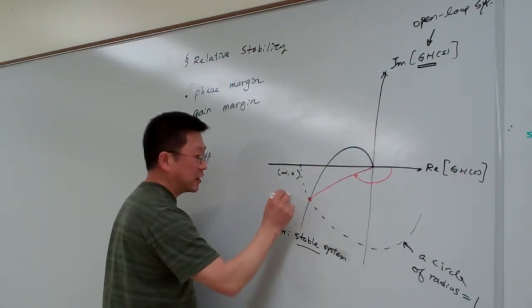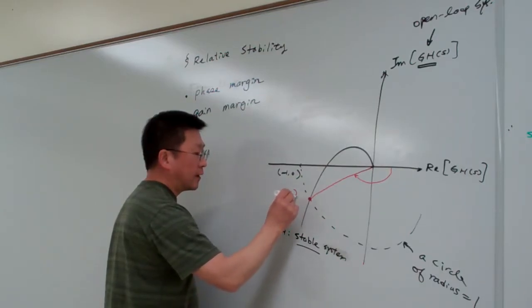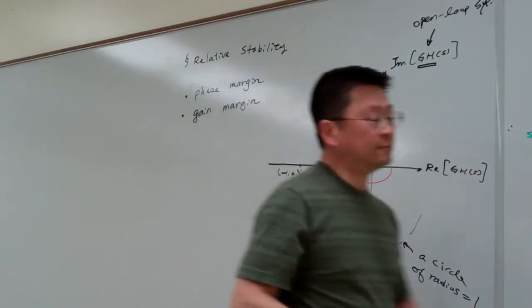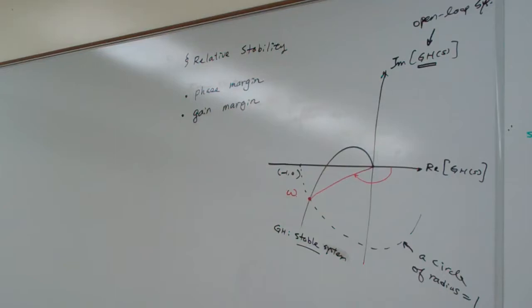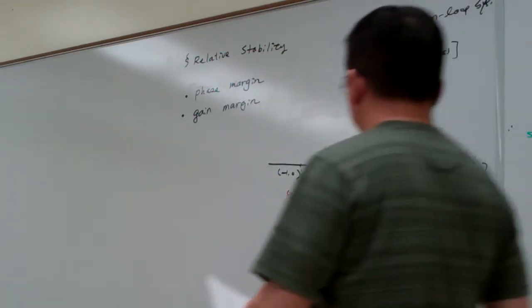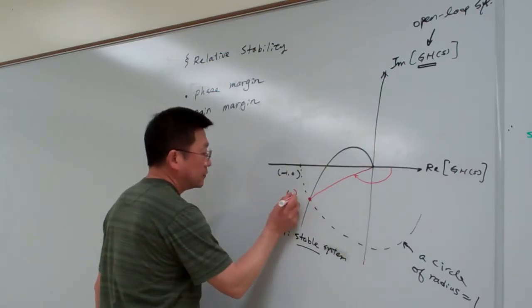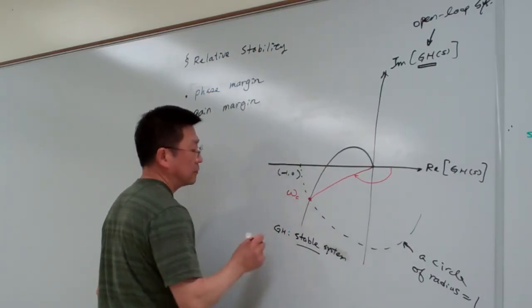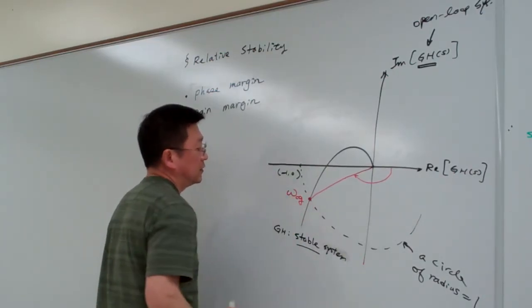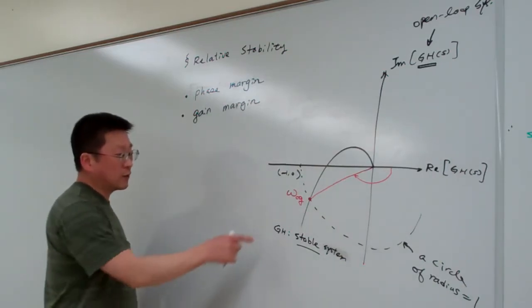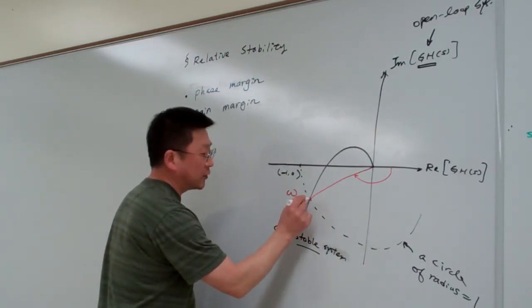Let me define this as omega CG. I'm going to explain what this means, but here we just label it.